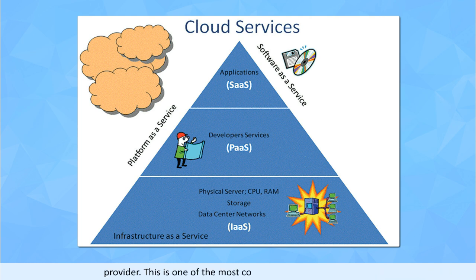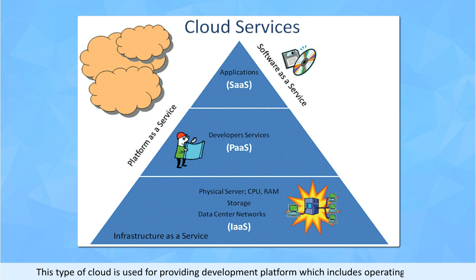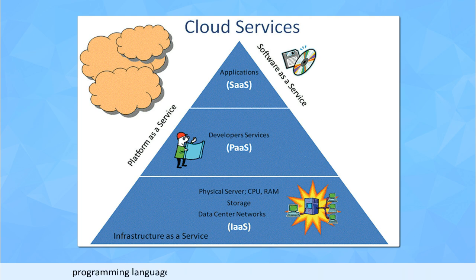This is one of the most common types of cloud service. PaaS, Platform as a Service. This type of cloud is used for providing development platform, which includes operating system, programming language, execution environment, database and web servers, etc. SaaS, Software as a Service.